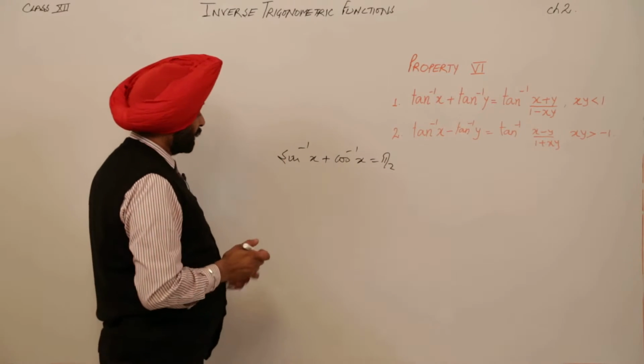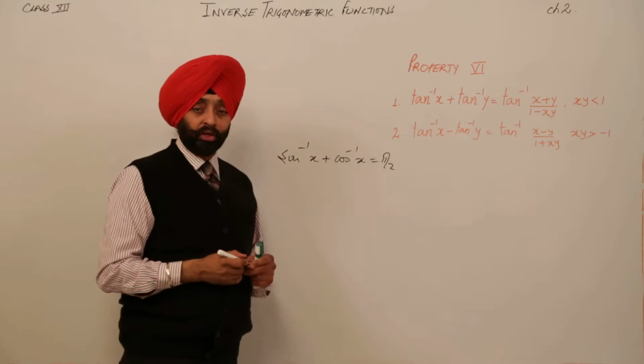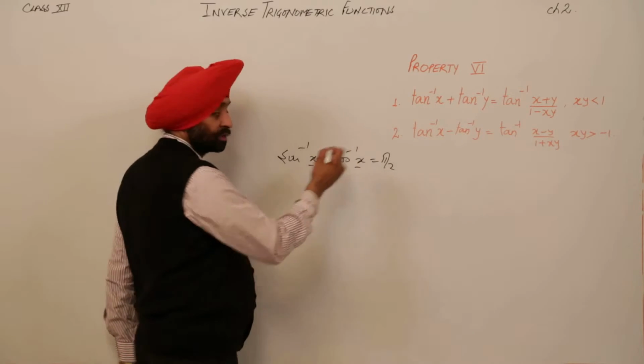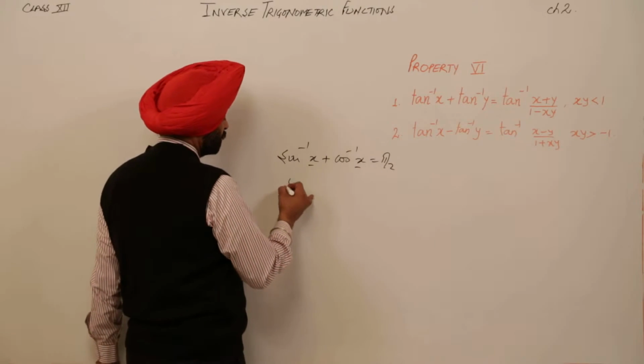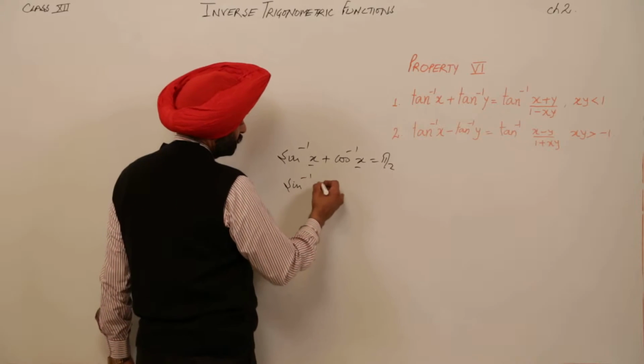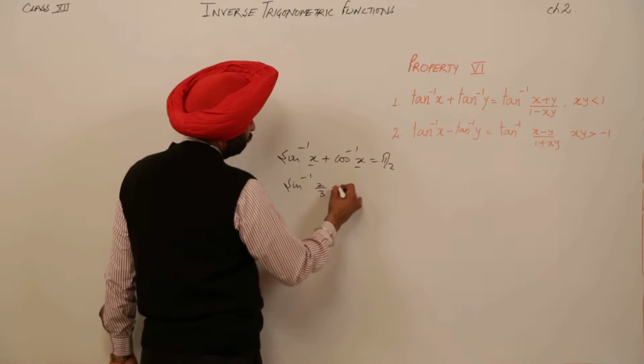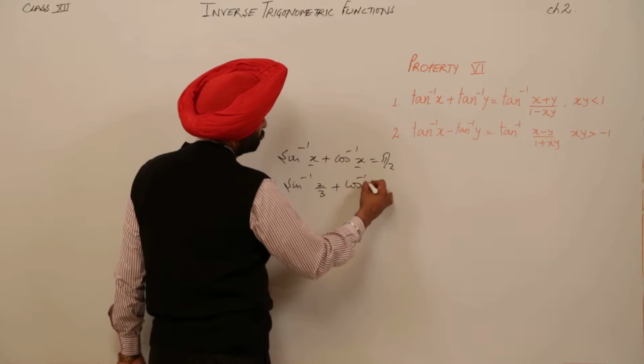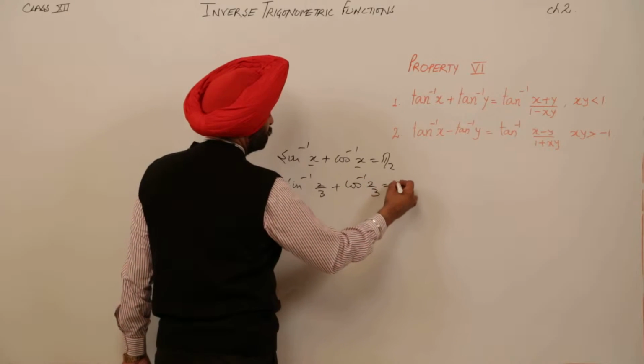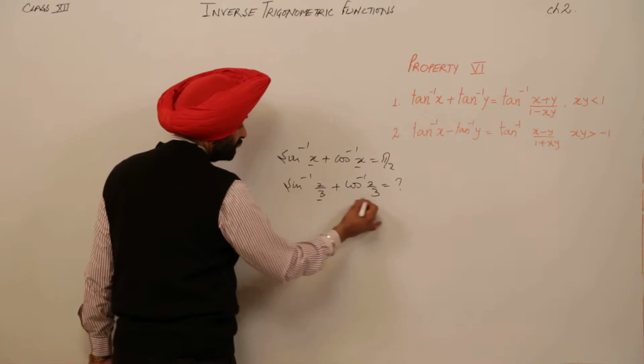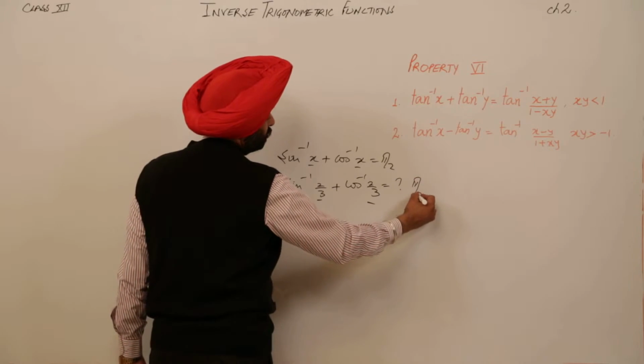When sine inverse x plus cos inverse x is pi by 2, both the angles are the same. Suppose we write sine inverse 2 by 3 plus cos inverse 2 by 3, what is it equal to? Because the angles are the same, here also it will be pi by 2.